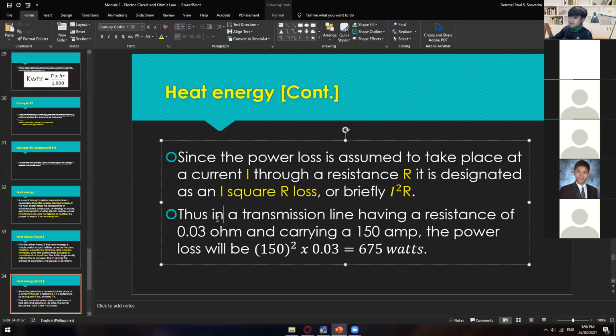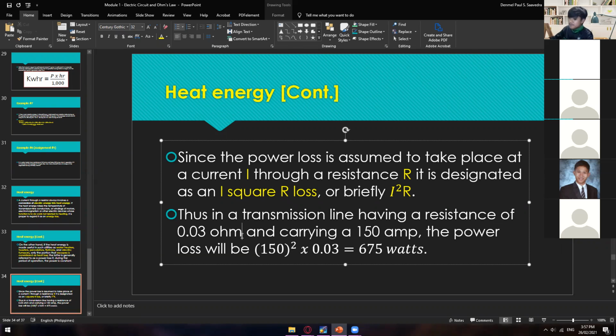For example, take a transmission line having a resistance of 0.03 ohm. Take note, our connecting wires also create heat, because they also have a very minimal resistance, let's say 0.03 ohm. Even though this one is super small, it still creates heat, and if that wire creates heat, then there is a power loss on that transmission line.